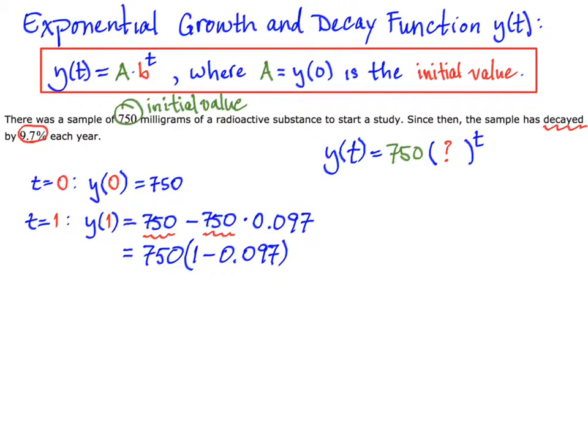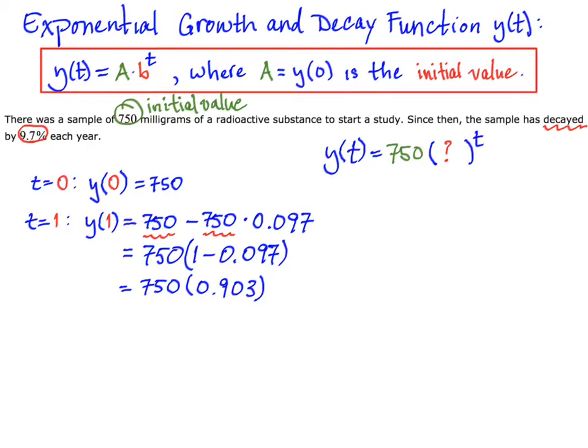And then in the second term, I'm left with the 0.097. So now I can do the subtraction 1 minus 0.097, and I get 750 times 0.903. So I'm going to leave it like that because I'm looking for a pattern. I don't want to multiply those 2 things together.